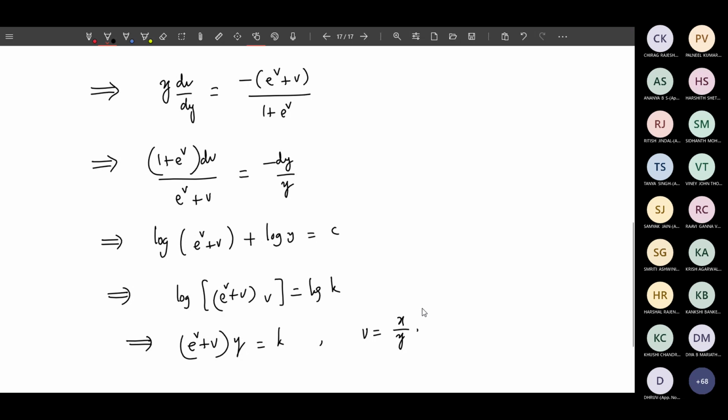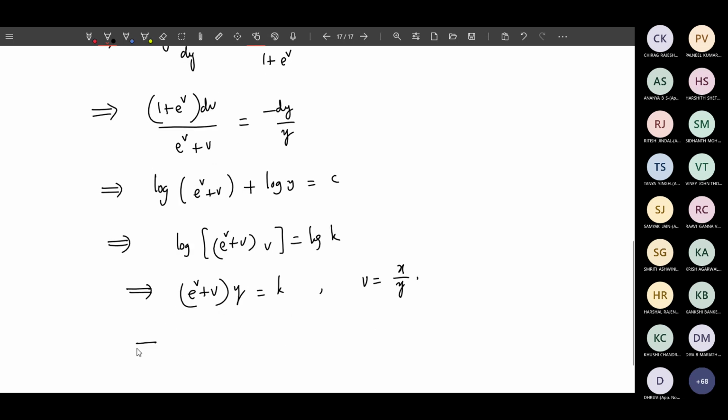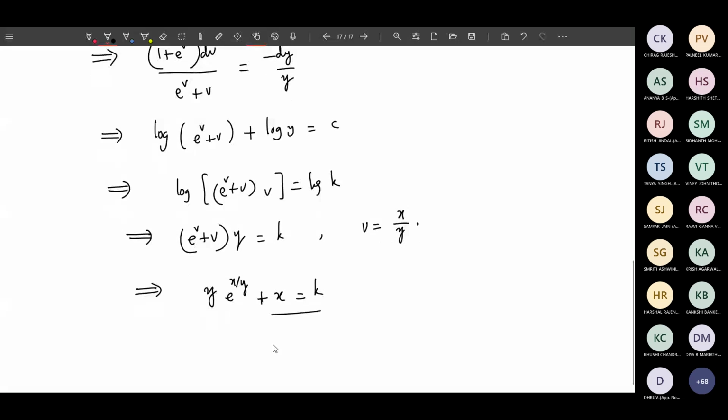So x equals vy here, and put in the v expression: y e power x by y plus x by y into y, that means y gets cancelled, x equals k. So this is the solution. Of course it is an implicit solution, we need not mention that, but it is a solution whatever the way.